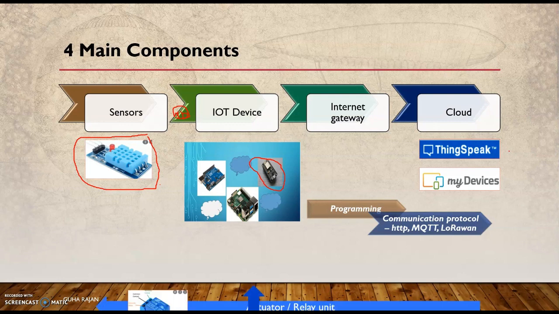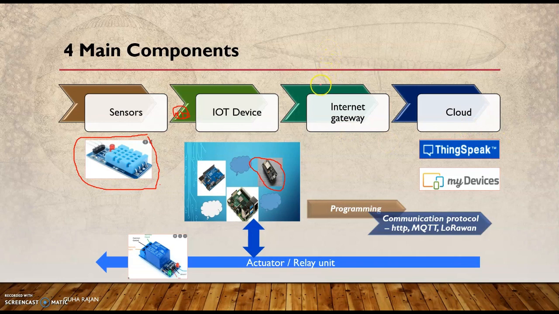Then, based on the temperature signal, if you want to control something, you will need a relay unit. If you want the AC to be switched on based on the temperature, then you need a relay unit. It is connected to a port, and again that's a technical part, a port in the IoT device which will trigger that switch.